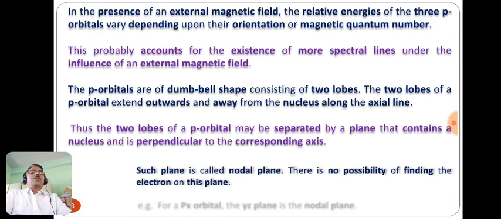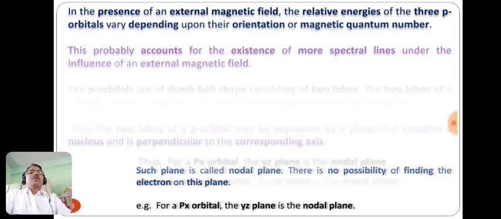Such a plane is called a nodal plane, and there is no possibility of finding the electron on this plane. For example, for the px orbital, the yz plane is the nodal plane. Now let us see it diagrammatically.